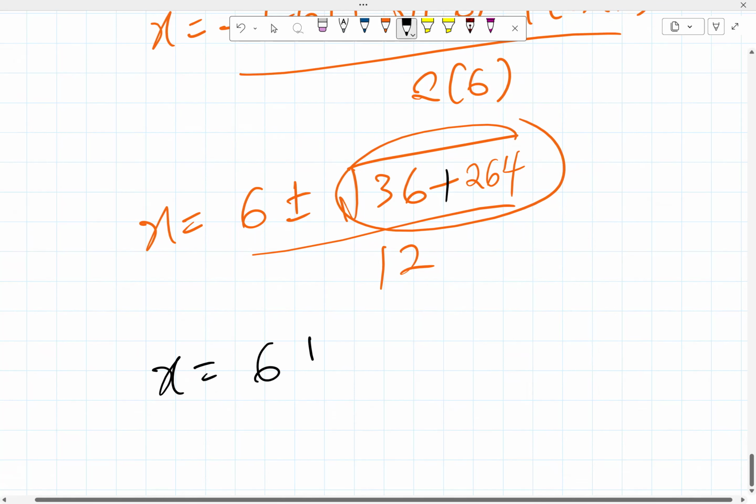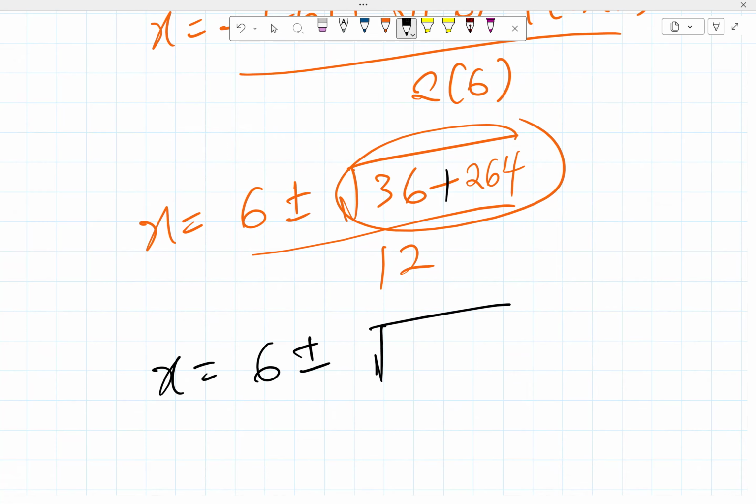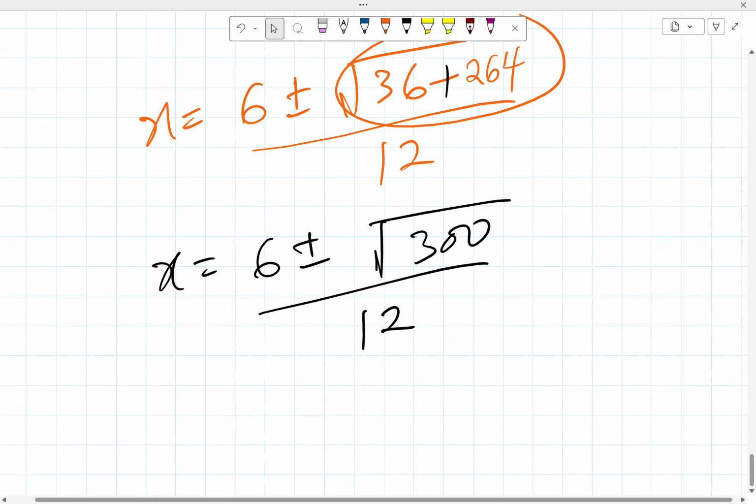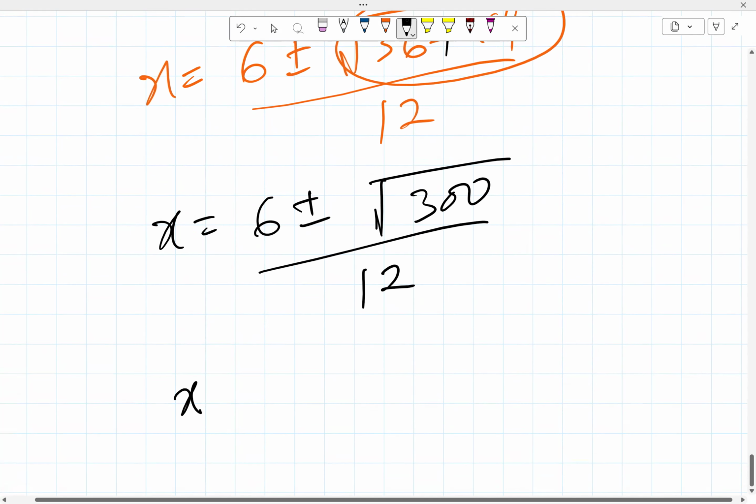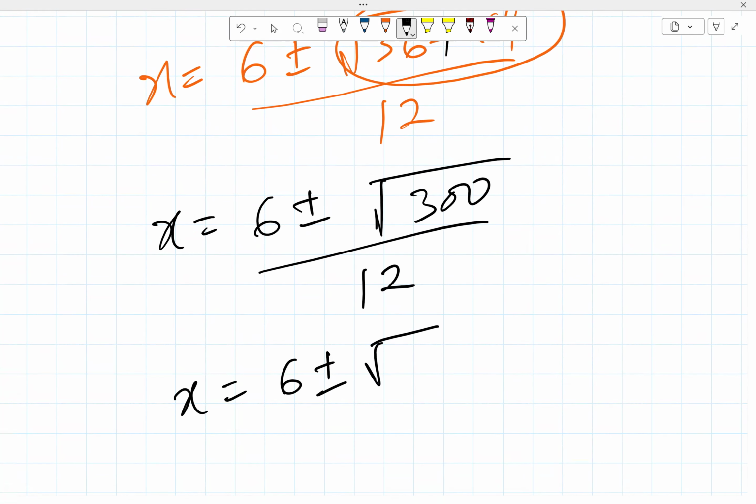So x is 6 plus or minus square root of 36 plus 264, which is 300, all over 12. So that should be root 300 over 12. So x is 6 plus or minus roots. Okay, I think we just need to get root 300 out now. Or better still, I think it's easy to factor these things out here.